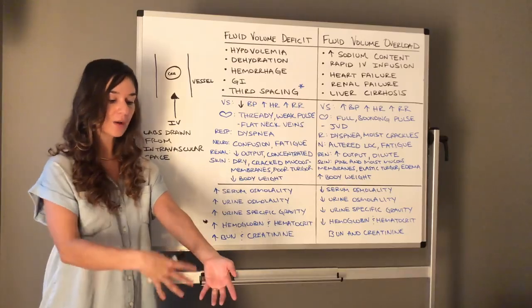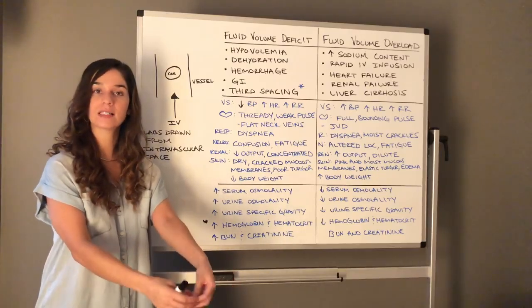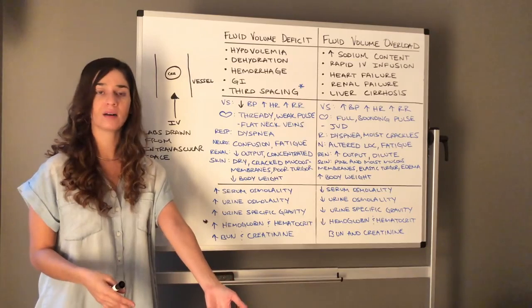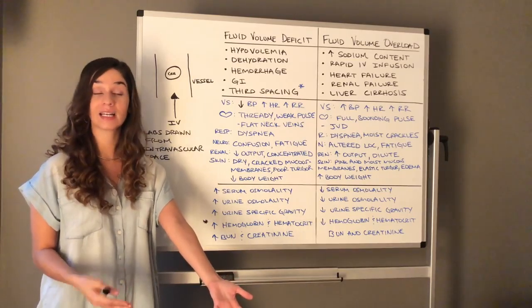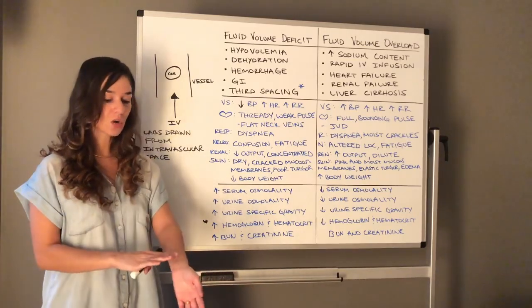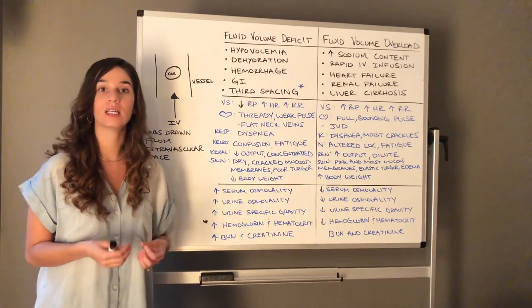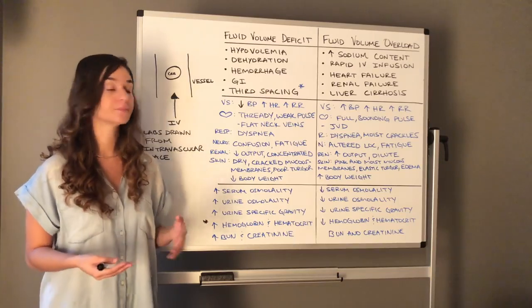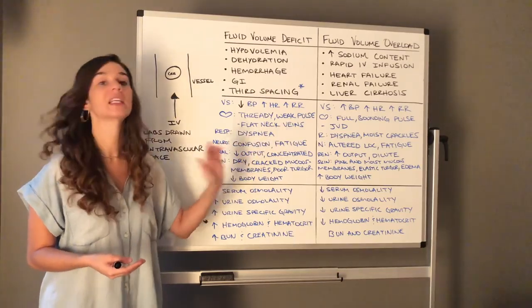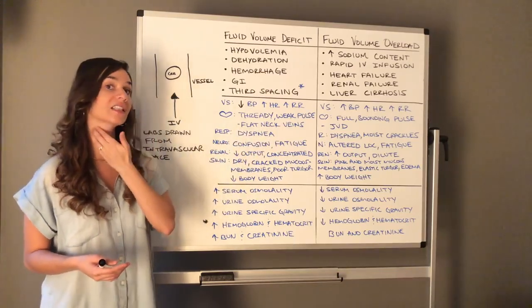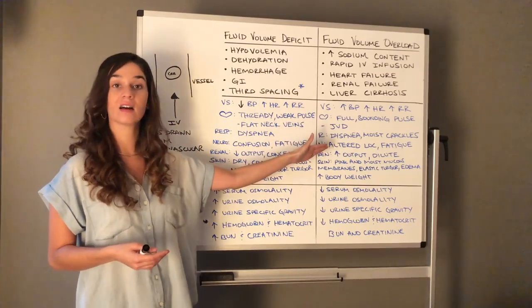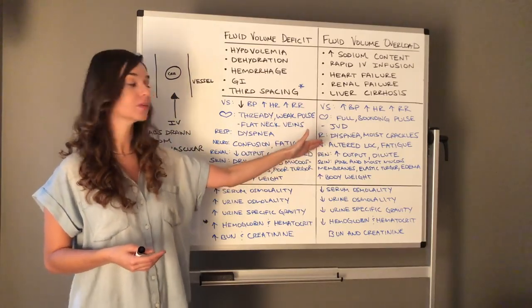Do I care about perfusing or sending oxygen to my skin or my distal fingertips? No, I care about sending it back to my heart. So when you palpate a client's pulse in fluid volume deficit, it can be very weak. It can be very thready. They won't have any distended neck veins, jugular vein distension, because that is a hallmark of fluid volume overload.